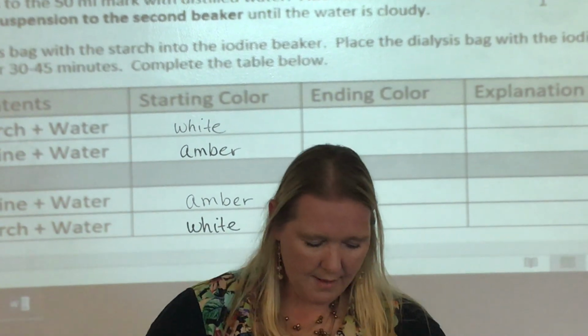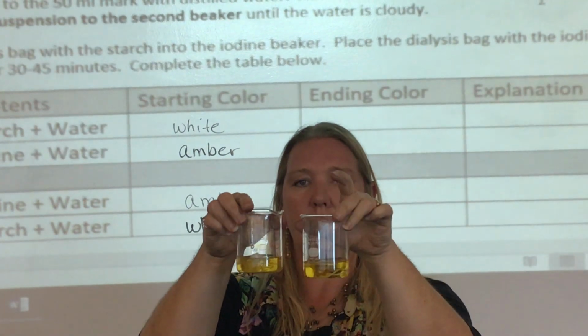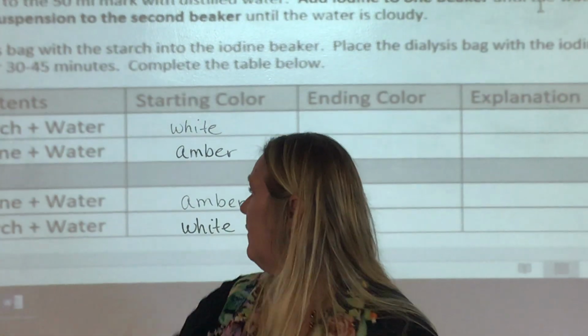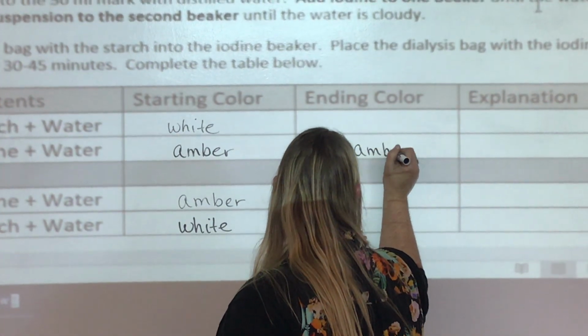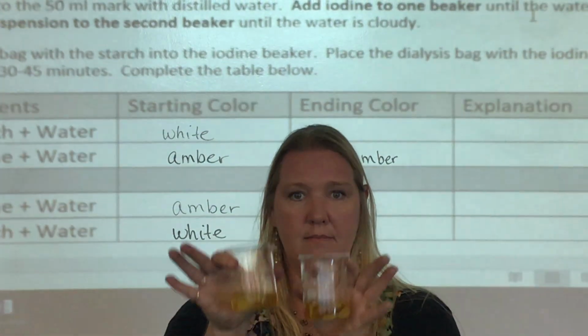That's what I started with. Now, the iodine beaker, the iodine still looks very similar, so if I said it was amber before, it's amber still, right? Both of these look the same.